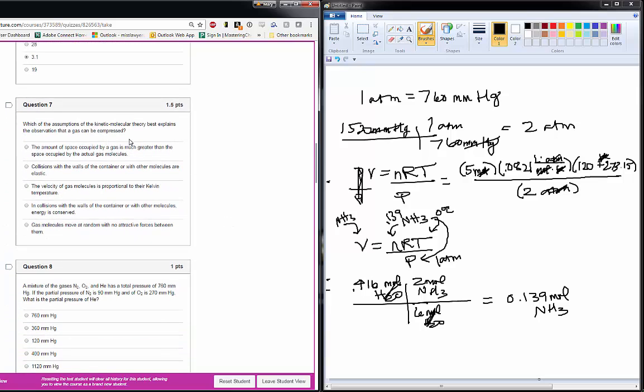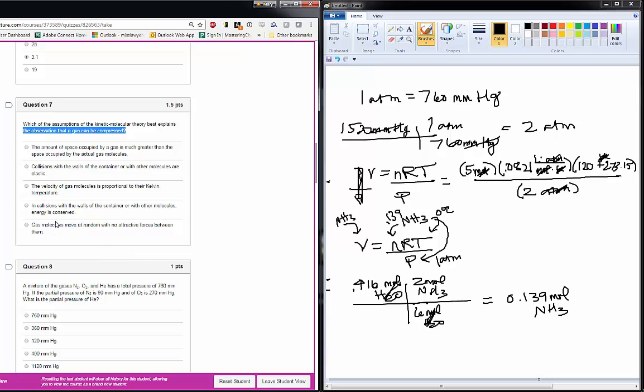Next, we're looking at the kinetic molecular theory. How are we explaining this observation that we can make a gas take up less volume? And some of these might not be true. Some of these might be valid assumptions of the kinetic molecular theory, but we're looking for the one that explains why gases can be compressed.